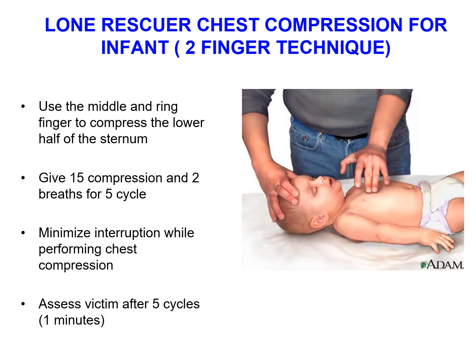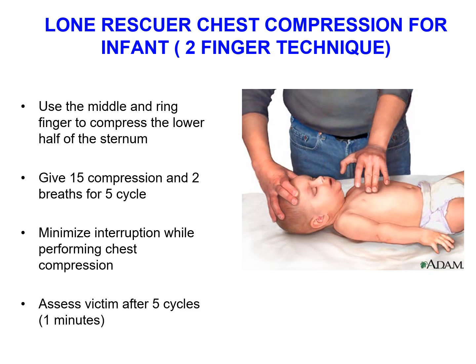We look at the first technique, which is the two-finger technique, for lone rescuer chest compression for an infant. One hand of the responder holds and stabilizes the child's head. The other hand is used for compression. One can use the middle or ring finger, or my personal preference is to use the index and middle finger to provide compression.